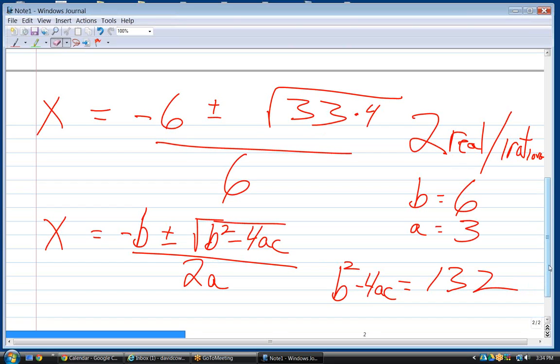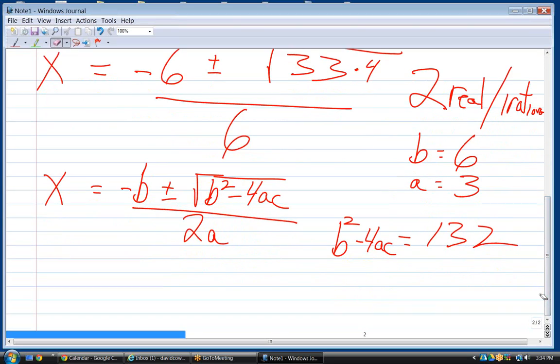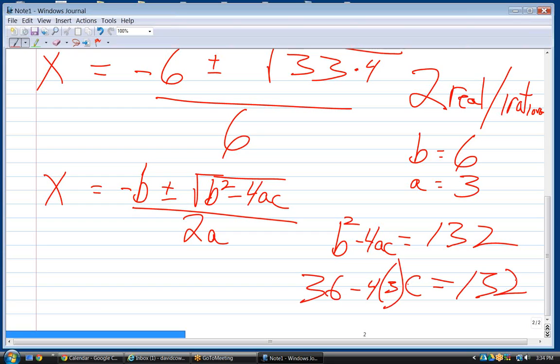So, all we need to do here is solve for c. We know what b and a are. So b squared is 36 minus 4 times a, which is 3, times c. That has to be 132. Well, let's solve that equation.